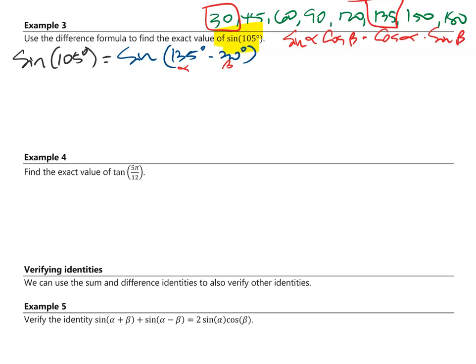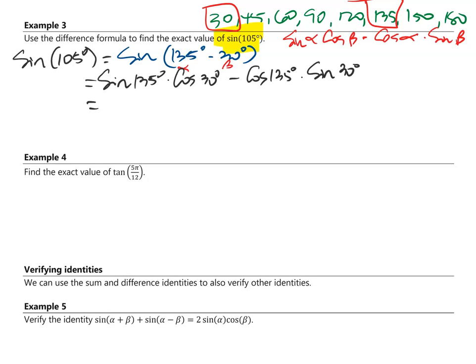Okay, so now that is equal to sine of 135 degrees times cosine of 30 degrees minus cosine of 135 times sine of 30 degrees.